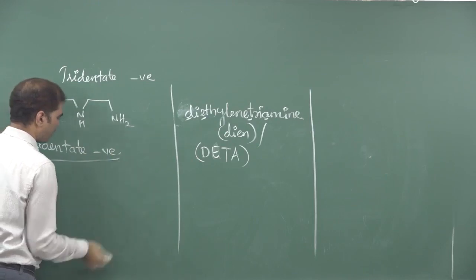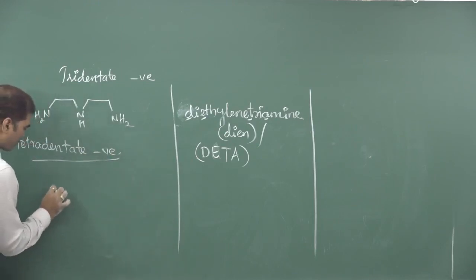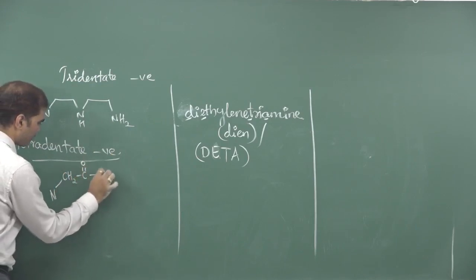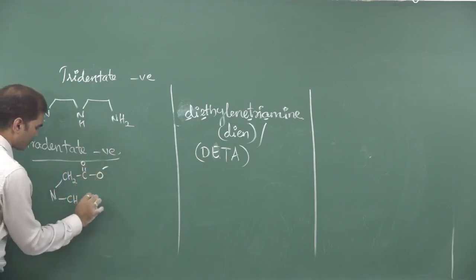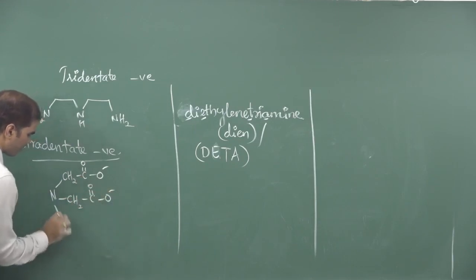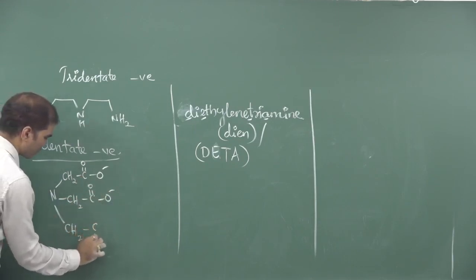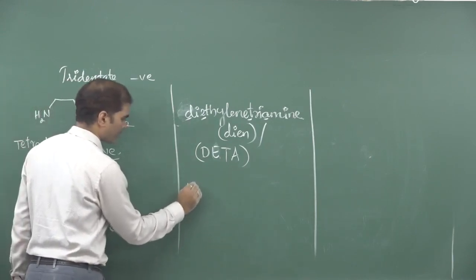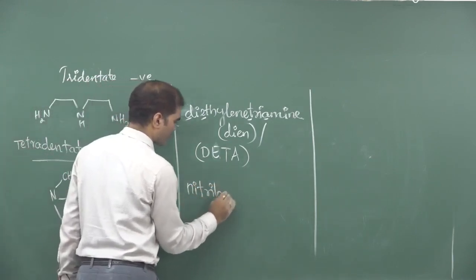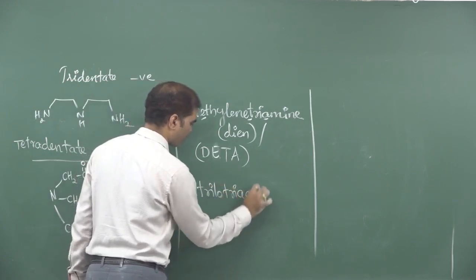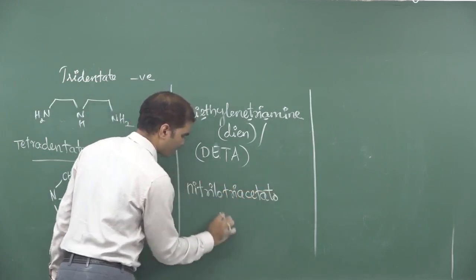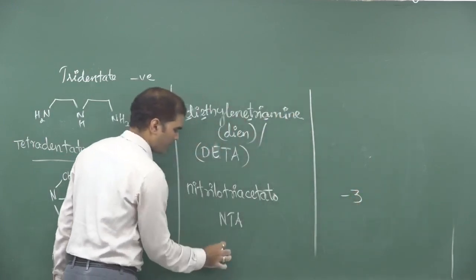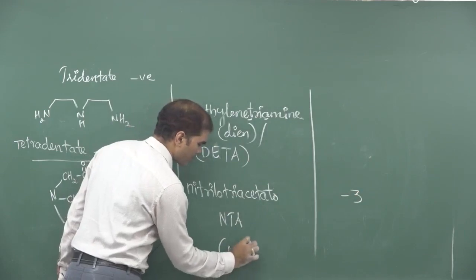Next for tetradentate negative, usually it is represented as NTA 3 minus.